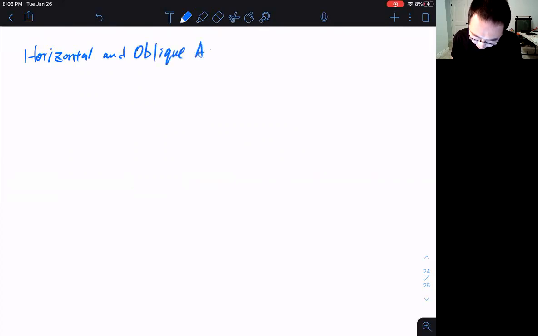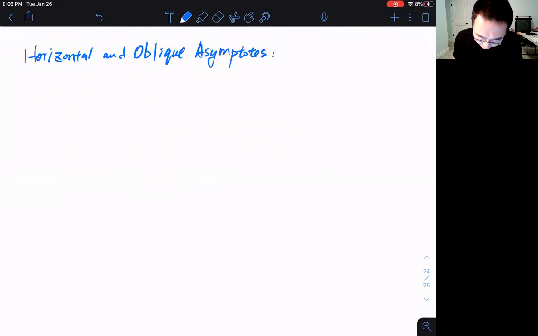All right, now what about horizontal or oblique asymptotes? Well, let's look at that. This one is a little bit more complicated. Horizontal and oblique asymptotes.